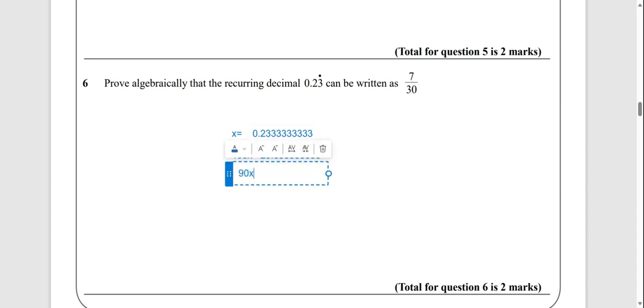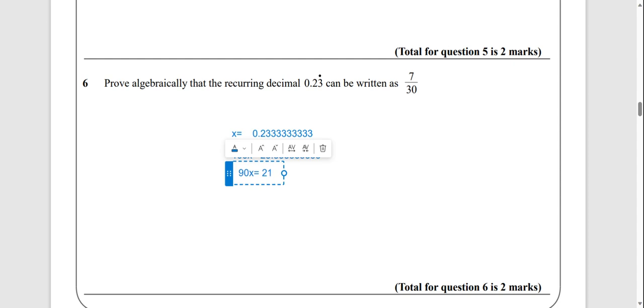So I'm going to be working with 90x here. And 90x is going to give me 21. And I got 21 because I've done the 23.3 recurring, subtract the 2.3 recurring. The 3 recurring is now gone. We've cleared that. And then you're just doing 23 take away 2, which gives you 21.